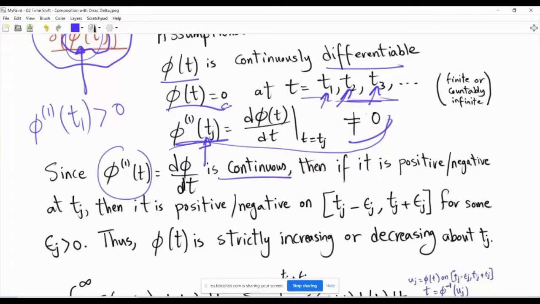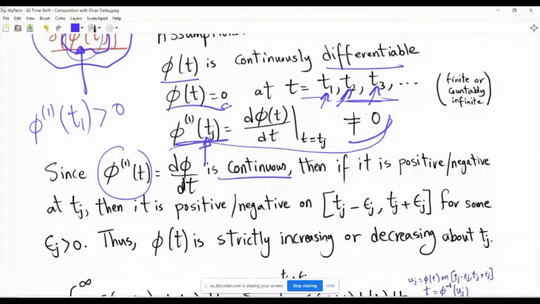So remember when we talked about the properties of continuous functions. If the first derivative is strictly positive at a point, then it remains strictly positive in a neighborhood of that point. So there will be a neighborhood of t1 on which the first derivative is positive. And what does it mean that the first derivative is positive on an interval? What does it mean in terms of the function itself? If the first derivative is positive, then the function is increasing.